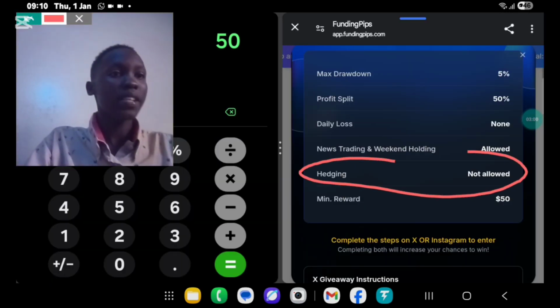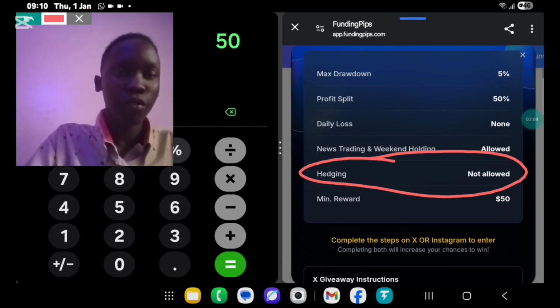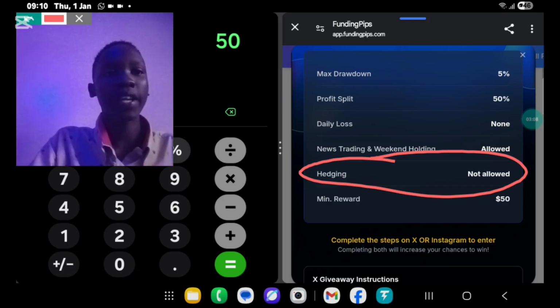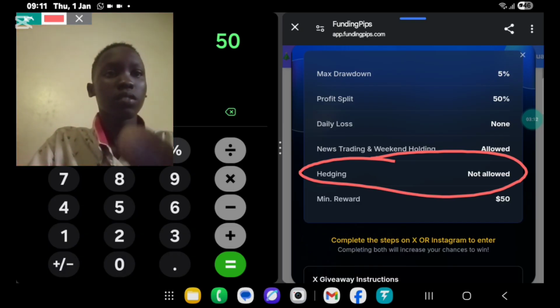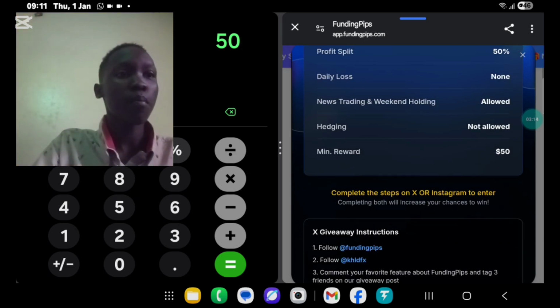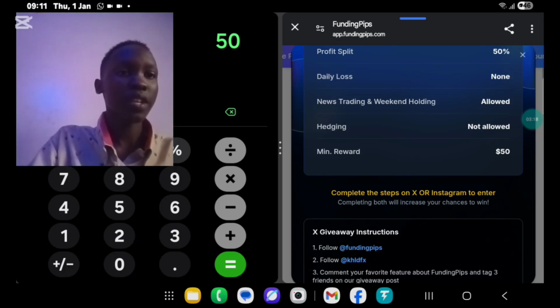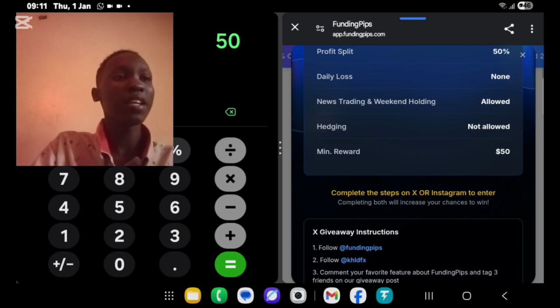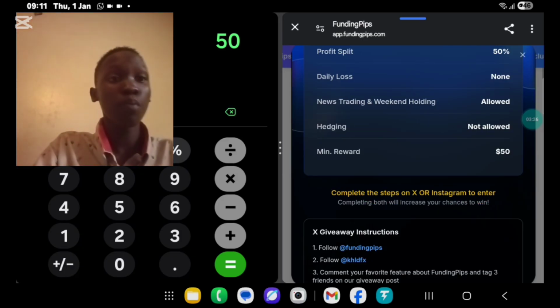This word means you giving your account away for someone to trade it, and that is not allowed. If they find out you did it, you're out. The minimum withdrawal, the least money they can withdraw is $50. You can never go below that.